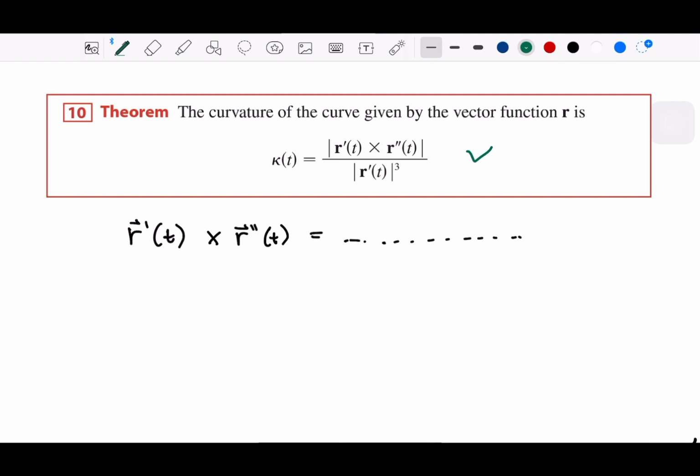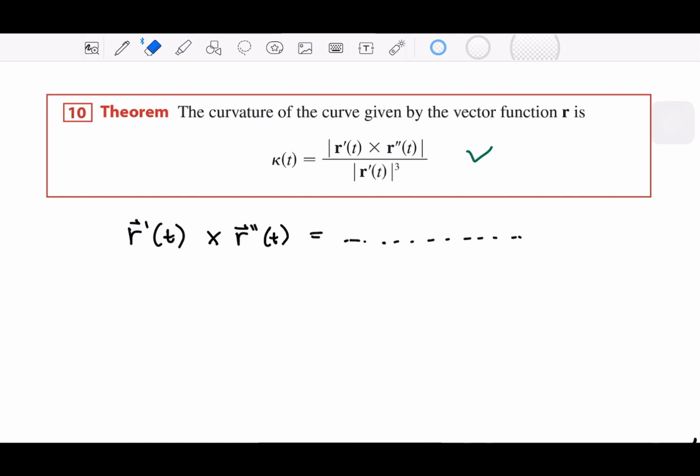Okay, so the curvature is used for space curves or regular vector functions. What will happen if we take just a function of one variable like f of x? We can still use this same formula for this one as well.